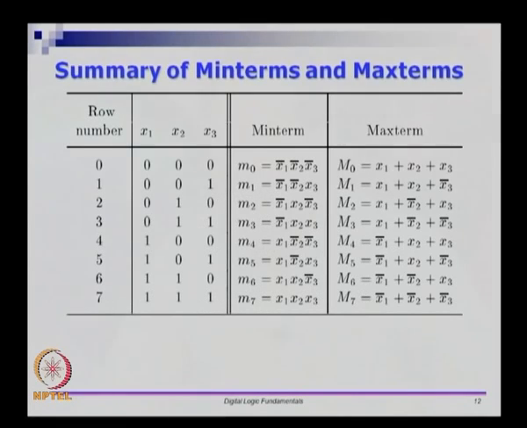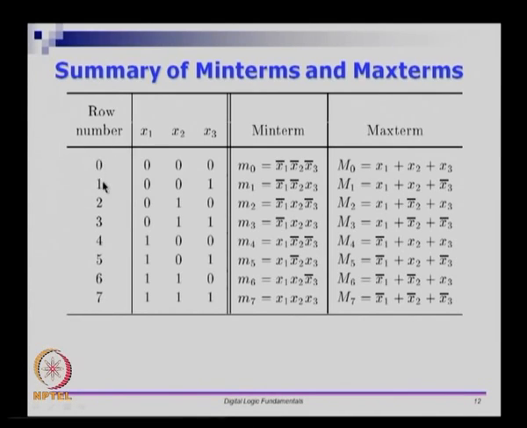Let us look at a quick summary. This slide shows you a quick summary of min terms and max terms. If I have x1, x2, x3 and I fix the ordering from left to right, these are the possible choices for x1, x2, x3. You can see that this is number 0, number 1, 2, 3, 4, 5, 6, 7 and so on. Usually in the Boolean world we start numbering from 0.